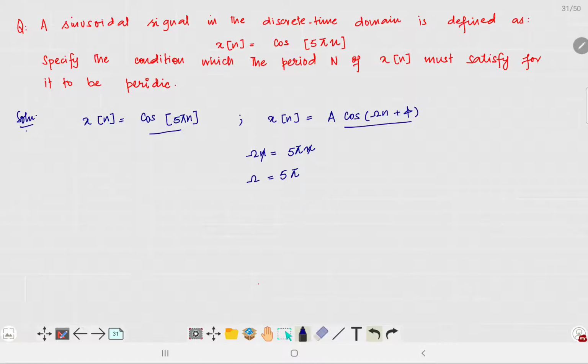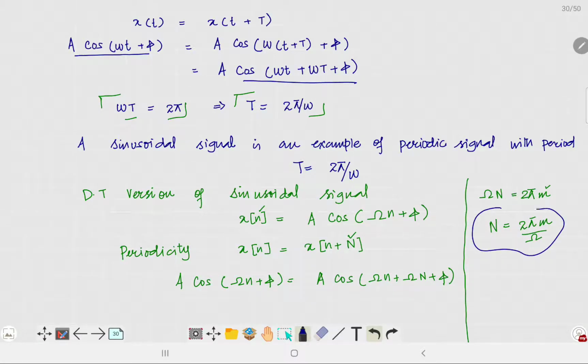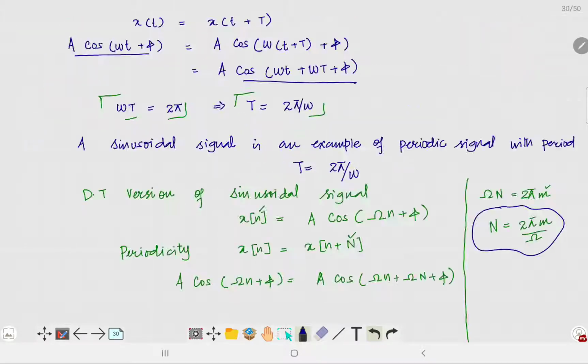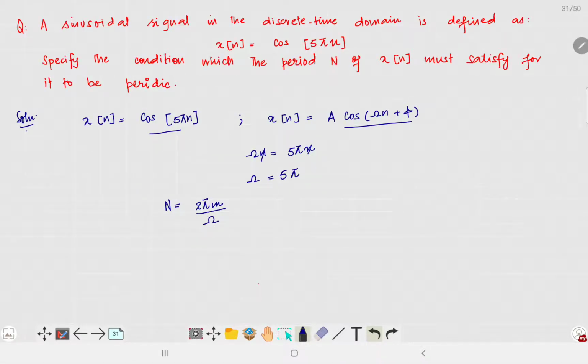Now the condition for periodicity is that N should be equal to 2 pi times some integer m divided by the angular frequency omega. If I substitute, N turns out to be 2 pi m over 5 pi, so N is equal to 2 by 5 into m. Now clearly this is a fraction.